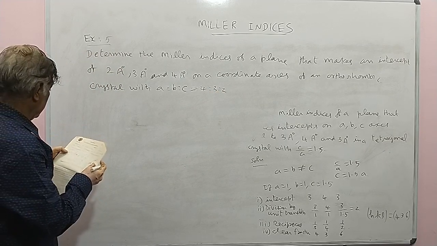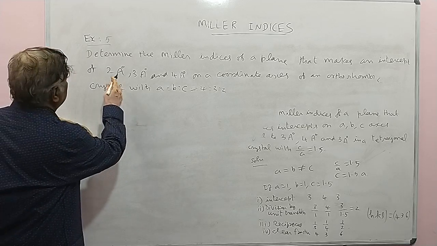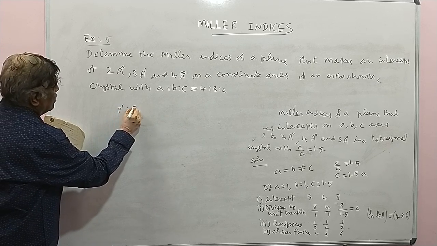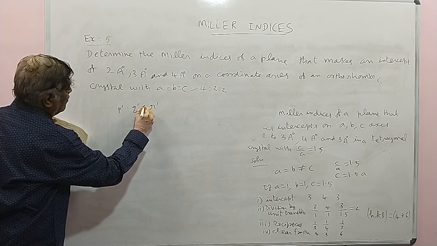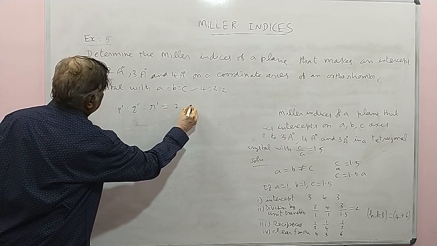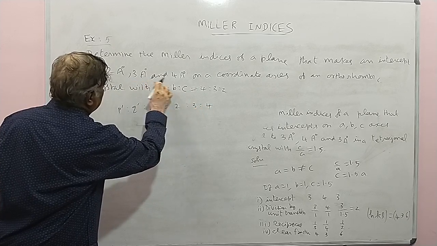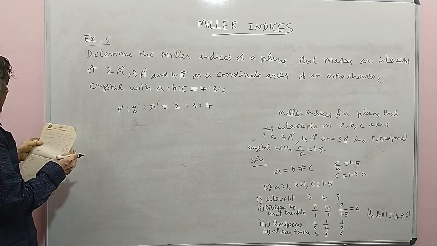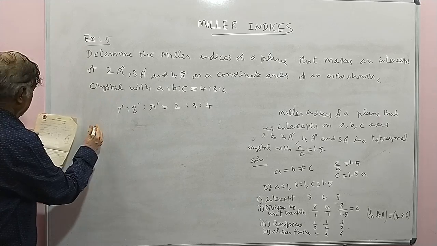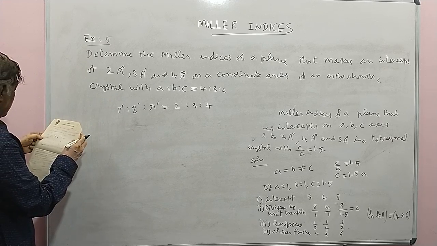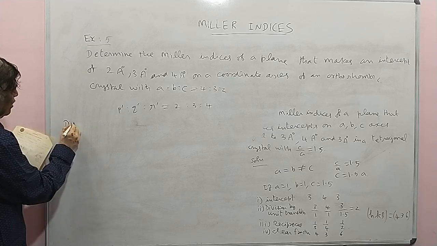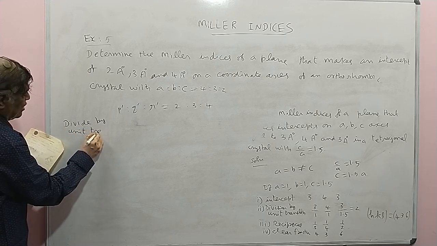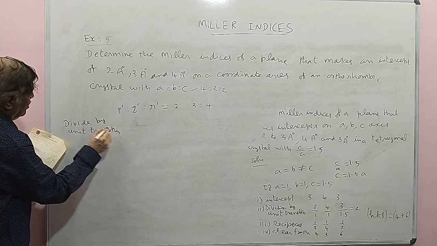So first you write down the ratio of the intercepts. Now let us put P prime is to Q prime is to R prime is equal to 2 is to 3 is to 4, because all are having the same angstrom unit, that can be removed. Then divide by the unit translation. So the first step is intercept.